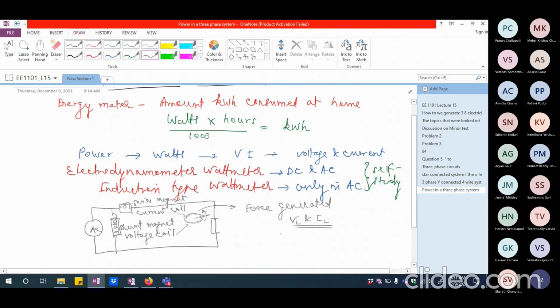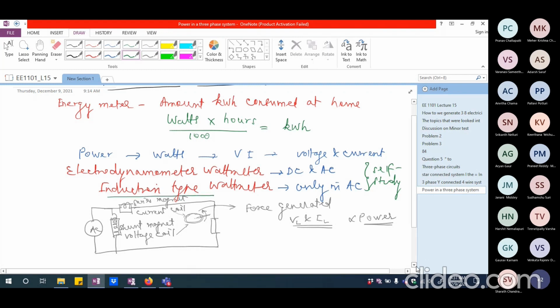So overall, the force manifested by the deflection is going to be proportional to the power, because the force that is generated does the mechanical work ultimately, because of which what you get as the deflection will be the real power. This is the basic working principle of the induction type wattmeter.